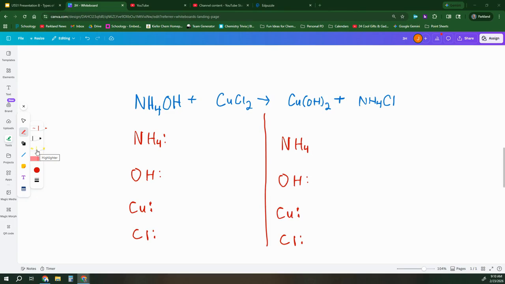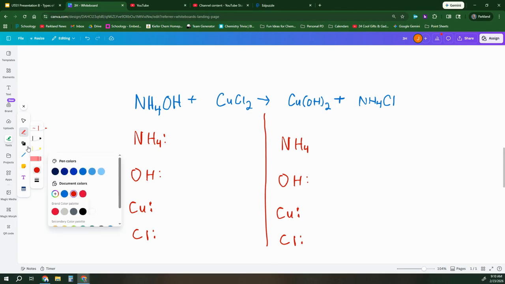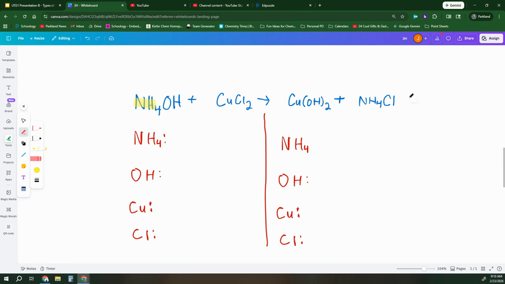Now, this problem for this double replacement looks difficult, but it's actually not too bad. If I quick color code our groups, notice that NH4 stays together on both sides, so we'll count by NH4s. If I give myself a different highlighter, looks like OH stays together on both sides. So OH is one of our partners in this double replacement.